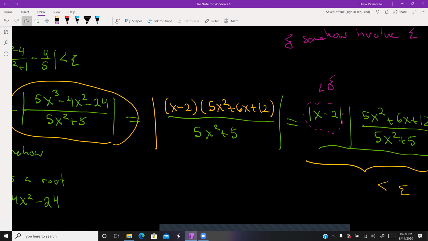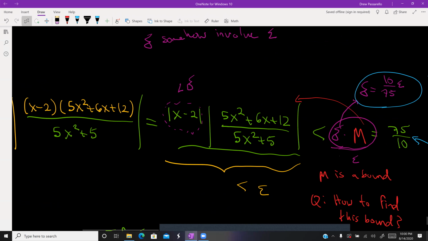And then you can break it up. So it's the absolute value of x minus 2 times the absolute value of the other stuff. The x minus 2 is going to be less than delta, and it's going to involve epsilon. And the other stuff is going to be less than some maximum value, some bound or supremum.